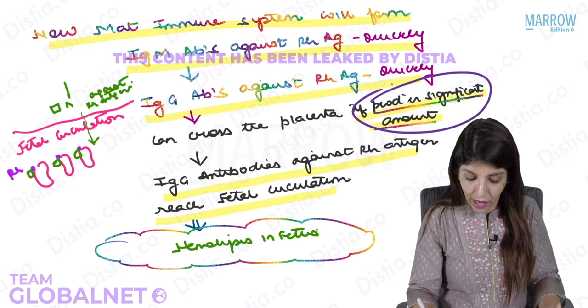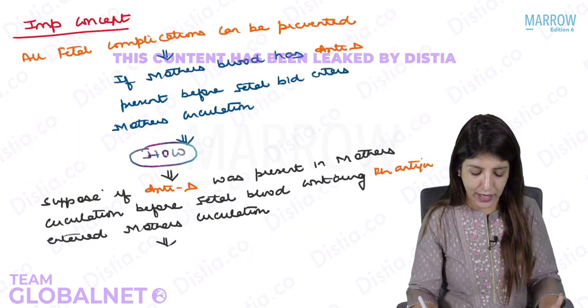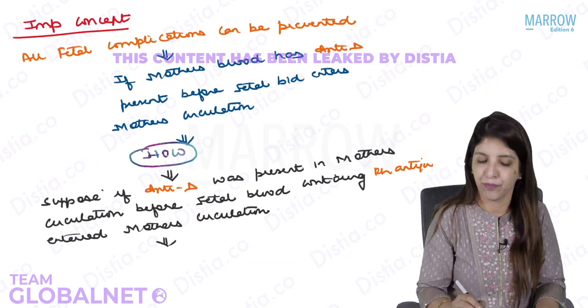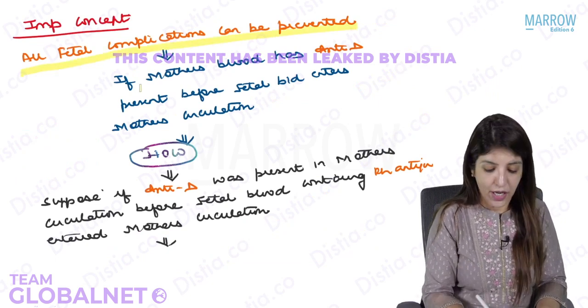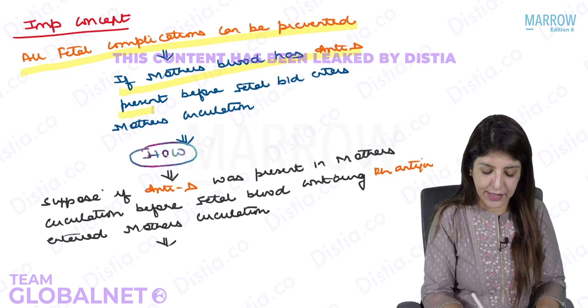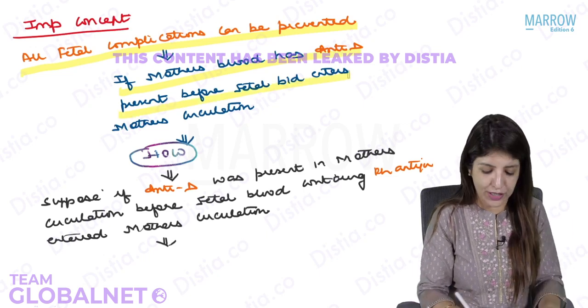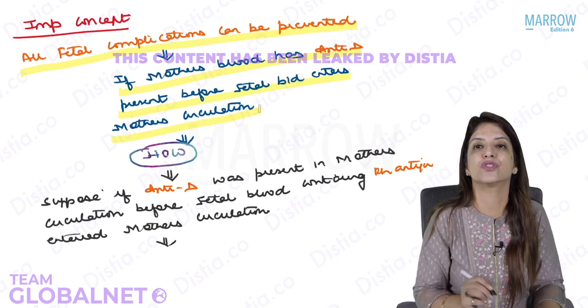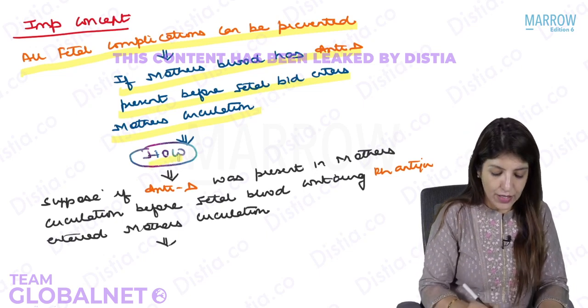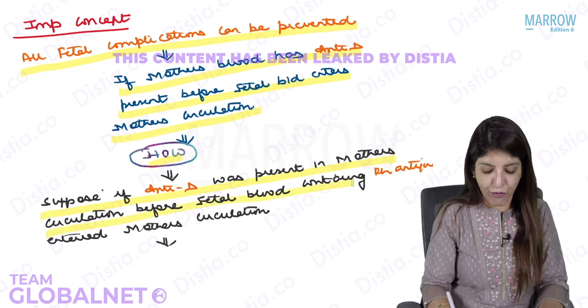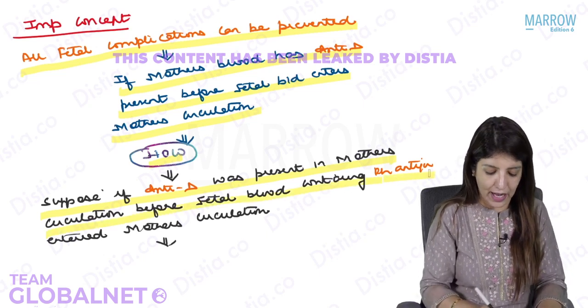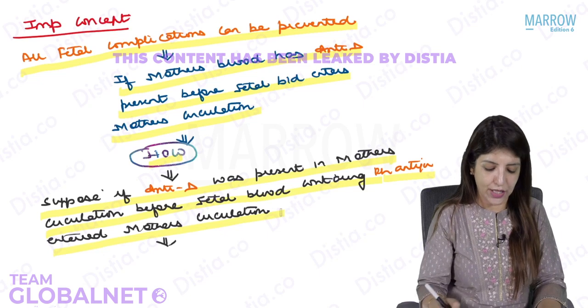Right? So now I want you all to write when I'm telling you this concept again. All fetal complications can be prevented if mother's blood has anti-D present before the fetal blood enters mother's circulation. How? Suppose anti-D was present in mother's circulation before fetal blood containing Rh antigen entered.